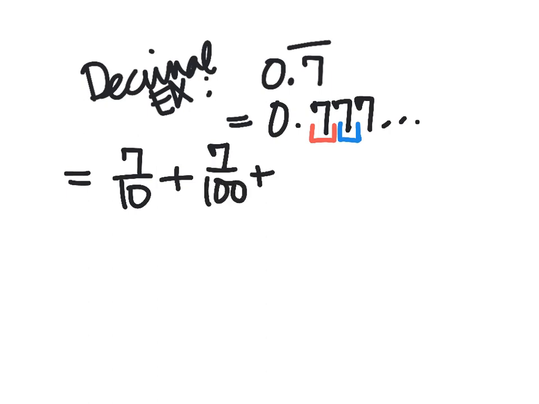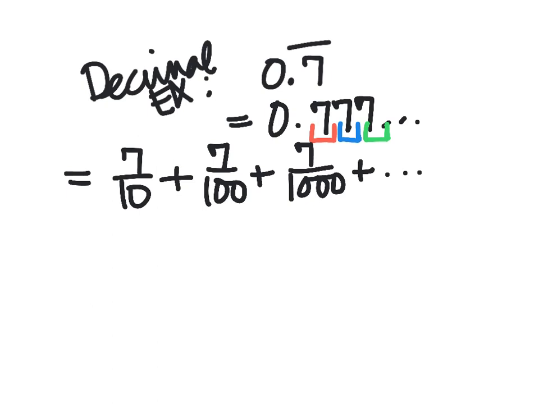And then the next place over, it's still going to have a numerator of 7, but the denominator is going to be the next power of 10 because we're working in a base 10 system. And we know that this is going to continue as we go forward.